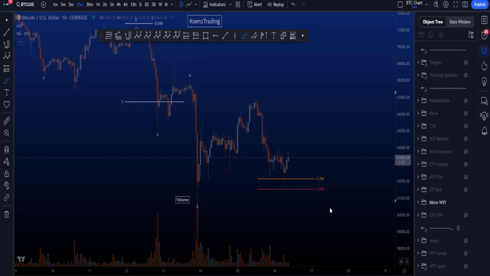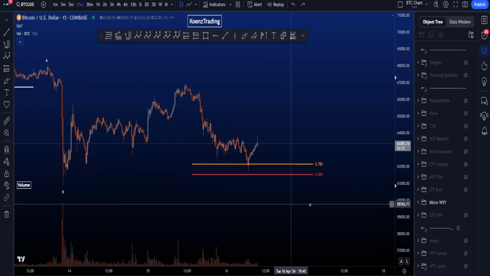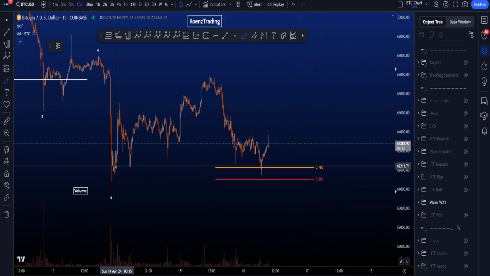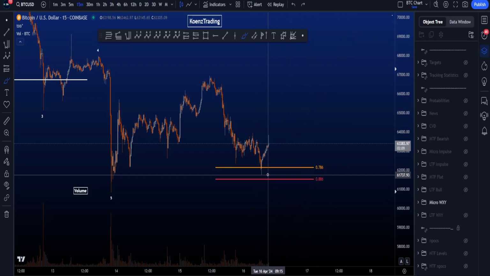Of course, we continue to observe the local price action, because if we then want to see an impulsive move towards the upside in a wave 1, 2, and continuation, then preferably the low of your wave 2 is in.